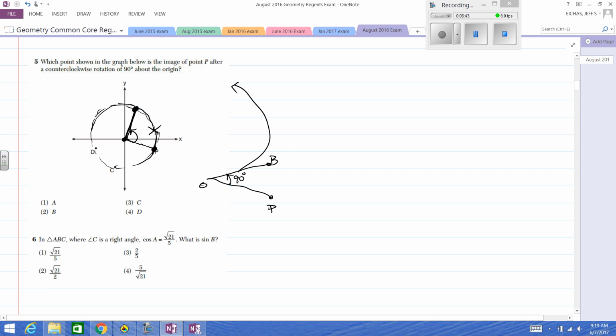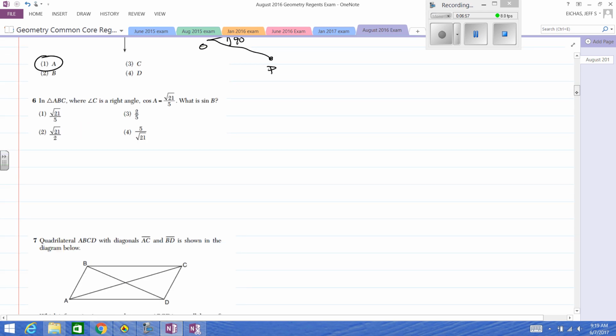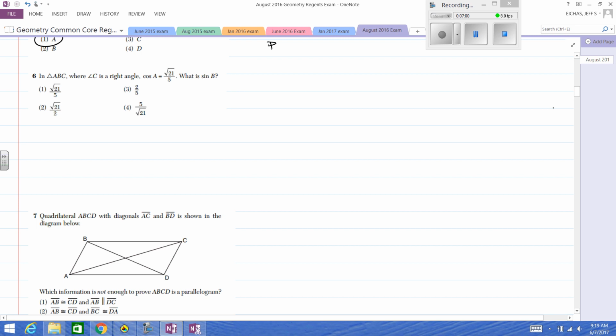This looks like 90 in the wrong direction. This one is like 120-ish maybe, but again in the wrong direction. So we're going to have to go with A. That's got to be our best option. All right, the next one is kind of an old trig problem.